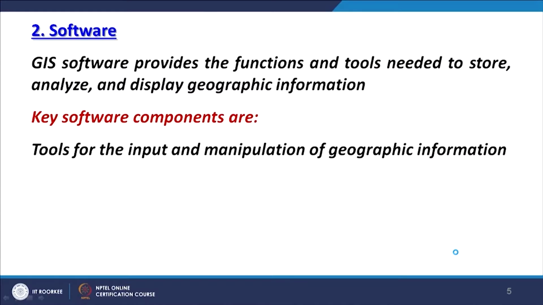And the key components of the software, or you can say subcomponents of GIS, are the tools for input data, because sometimes data may come in front of you in analog form: a table, a register, some organization has noted the data. Now you have to convert it into digital format. Maybe it even has to be typed, sometimes yes. Even today, all data is not available in digital format or in an organized fashion. So we have to bring the data in.